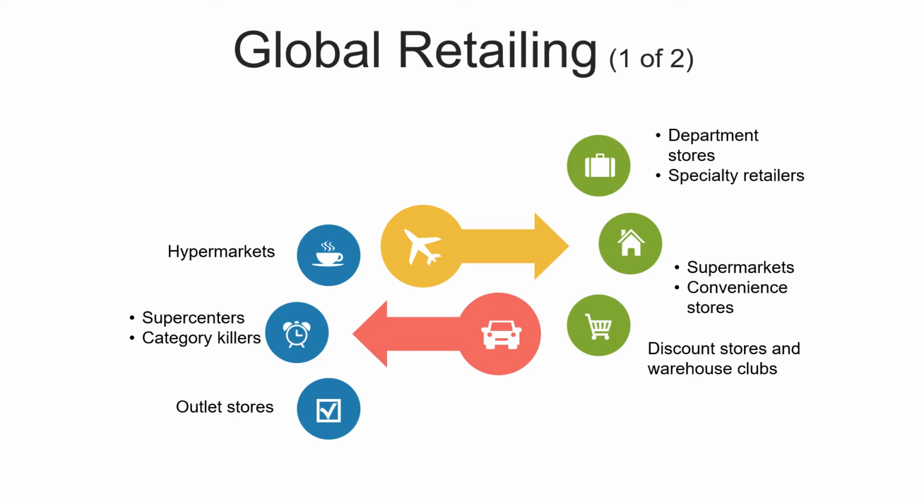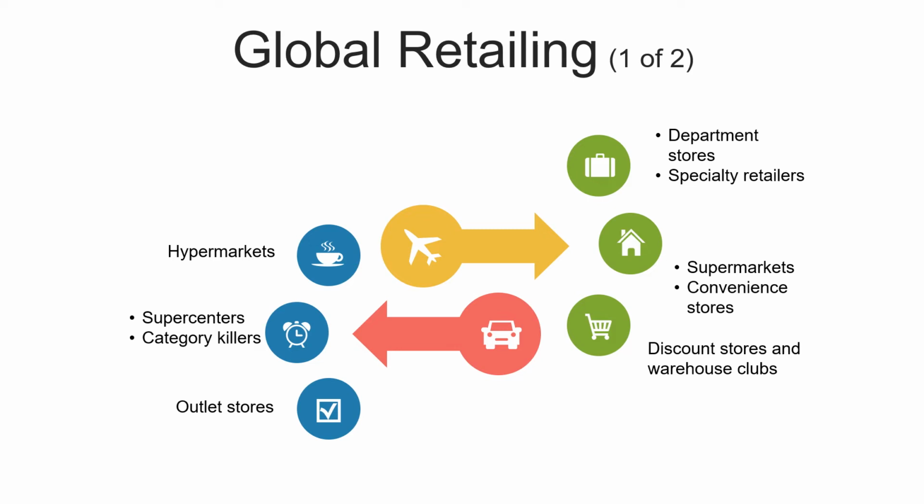As you can see from this slide, there is a variety of global retailing. For example, here we have department stores, specialty retailers, supermarkets, convenience stores, discount stores, warehouse clubs, hypermarkets, supercenters, category killers, and outlet stores.